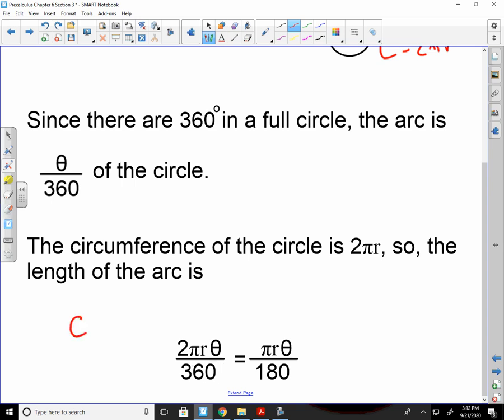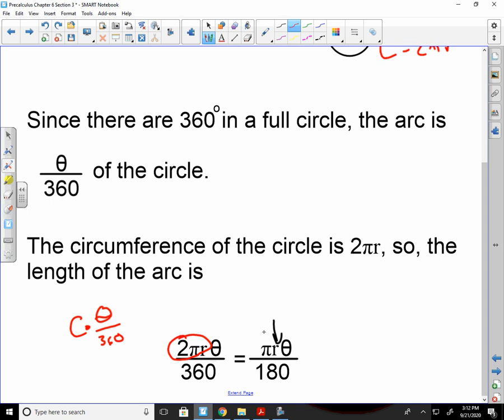So I'm doing circumference times my central angle measurement, theta over 360, or the whole circle. So the arc length is 2 pi r times theta over 360. That will reduce to pi r theta over 180.